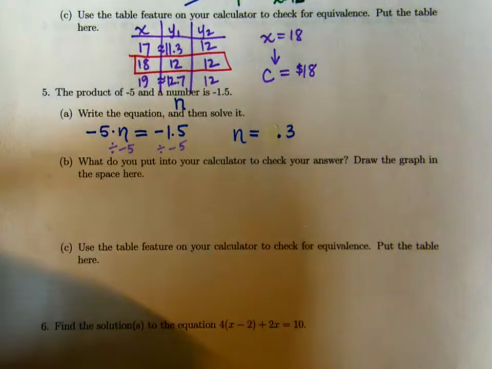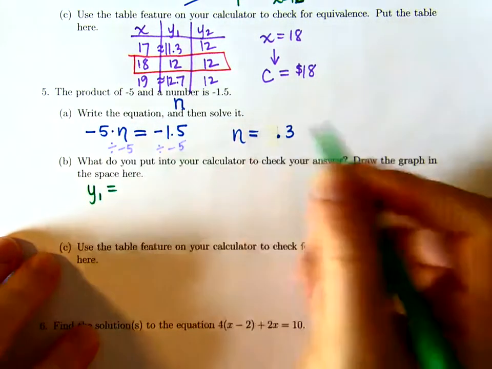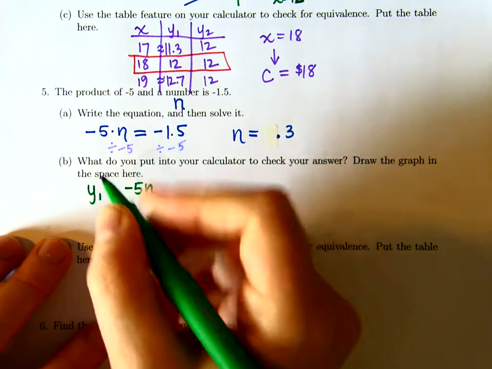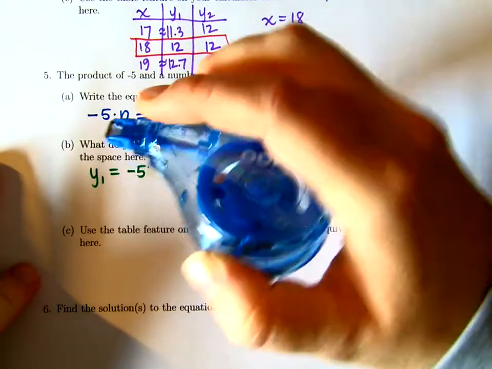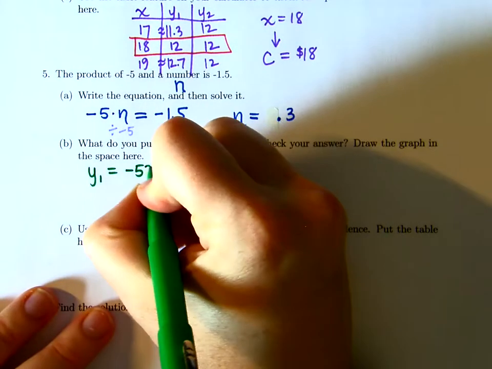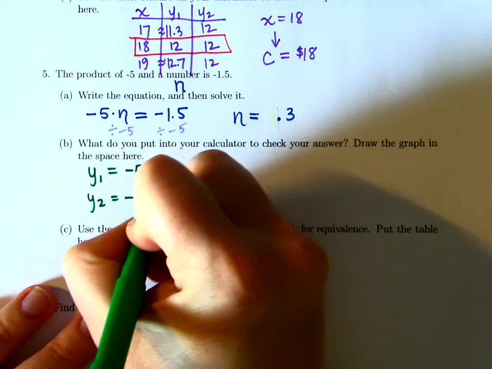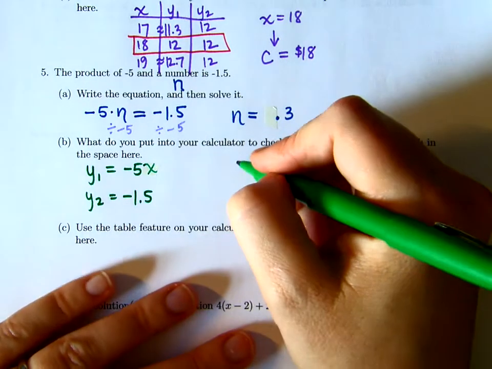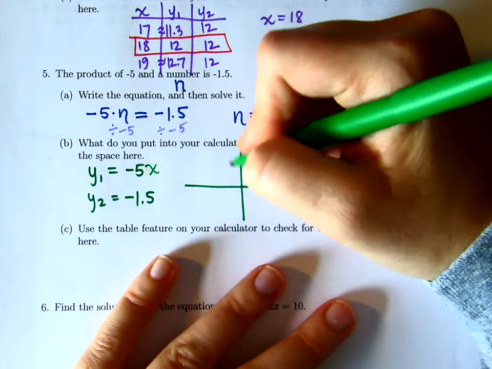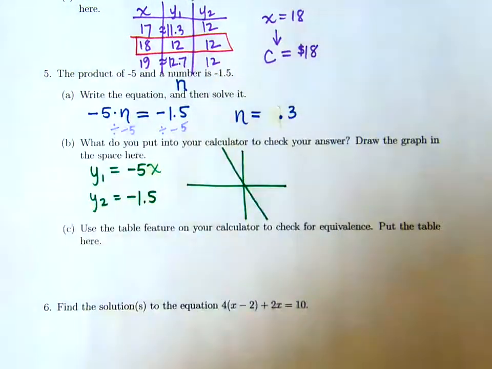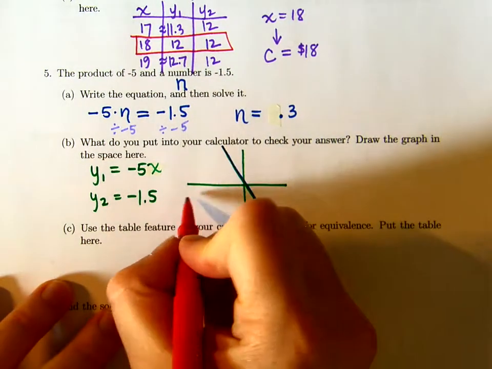Okay, so what I'm going to do here is I am going to quickly show the steps for this. Oops, but that wouldn't be -5x or -5n. Calculator doesn't have n. It has x. And y2 would be the right side of the equals. And the graph, okay, we would see, oops, on my color edition it would look blue and then it would look red.